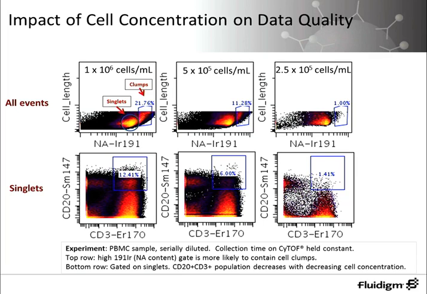So it really shows you that the concentration is going to have a big effect on the quality of the data and how much data you'll lose, because you are going to have to gate these cells out to be able to do your analysis so that you can focus on the singlet events.